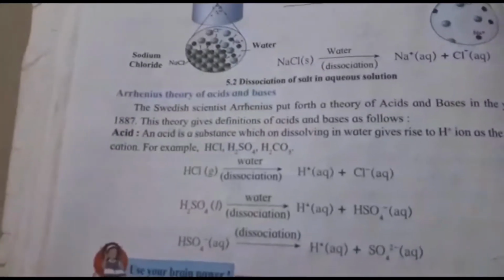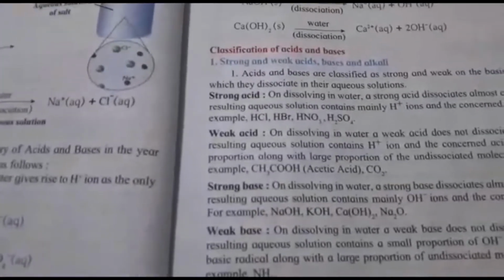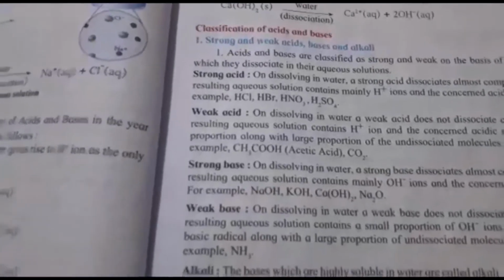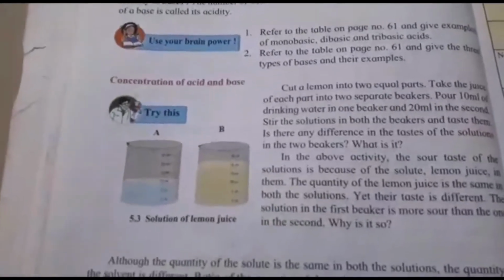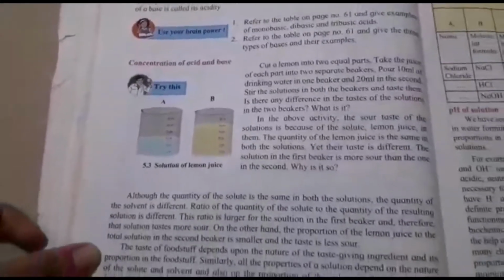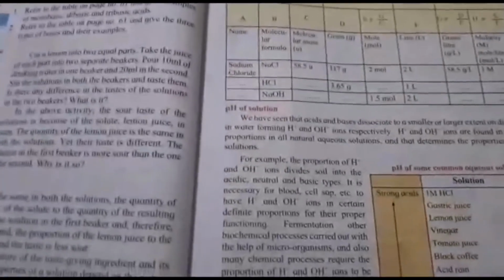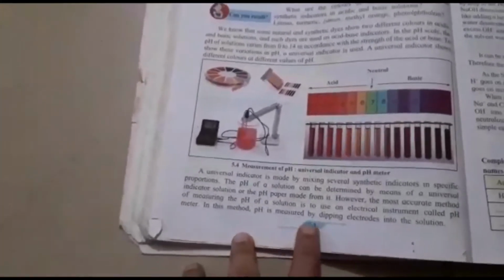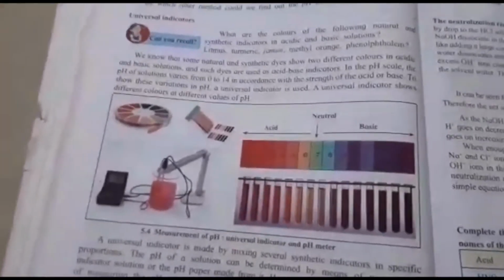Then Arrhenius theory of acids and bases. Then strong acids and weak acids, and bases and alkalis. Next we completed concentration of acid and bases. Next pH of solution, and last universal indicator. Till here, till page number 64, we have completed.